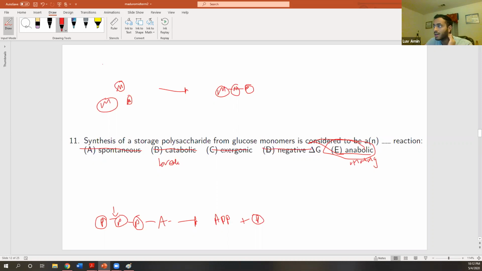You know that exergonic, negative delta G, and spontaneous are all the same thing, so A, C, and D can automatically be knocked out. Then you'd have to choose between B and E, and you know that catabolism is breaking down, while anabolism is forming, right? So in our case, it's E.